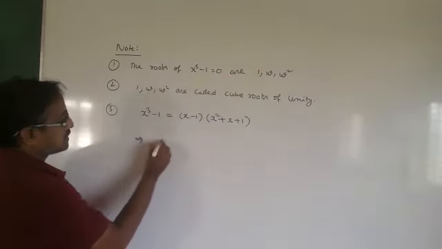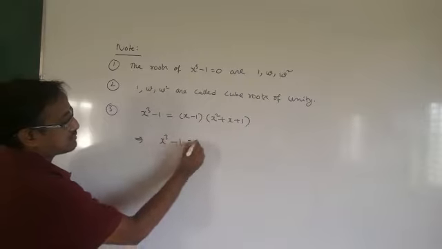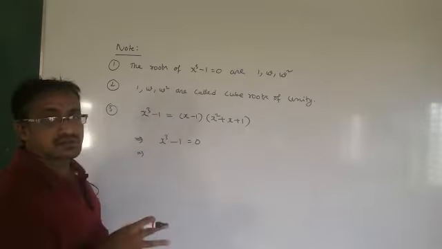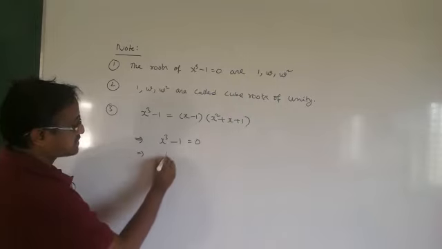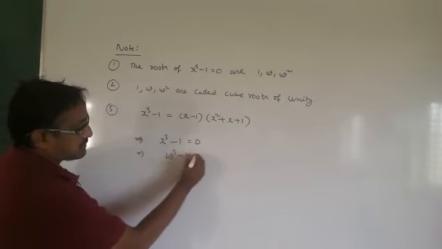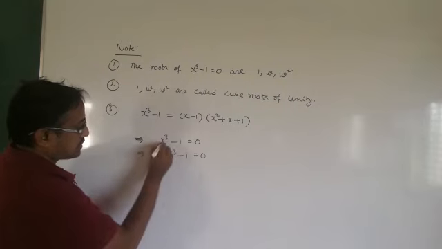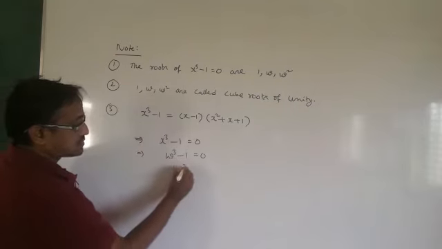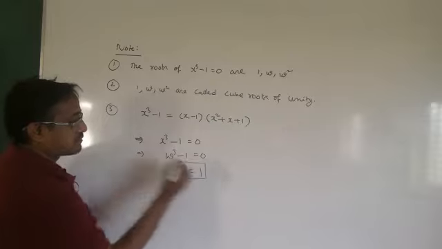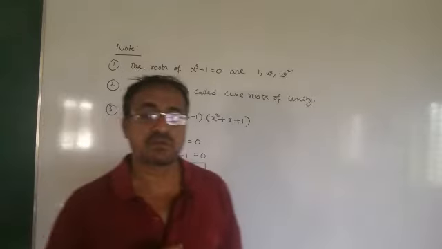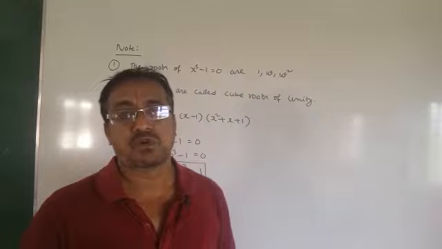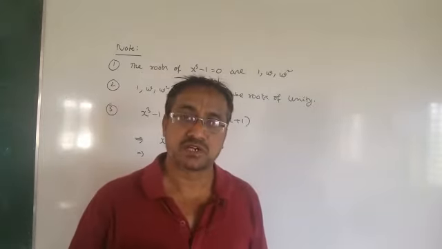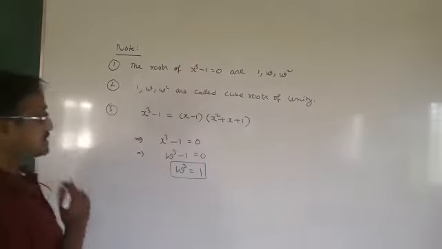So you can write x cube minus 1 equal to 0 implies omega and omega square also satisfy the equation. So omega cube minus 1 equal to 0. I have written omega in place of x, so omega cube is equal to 1. That is the most important thing. Omega cube, where omega is minus 1 plus i root 3 by 2, is equal to 1.